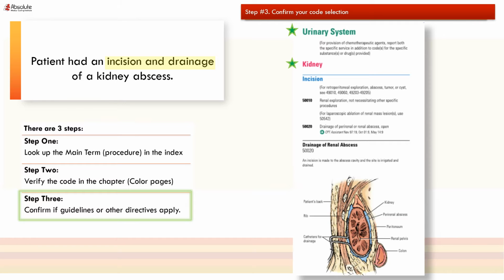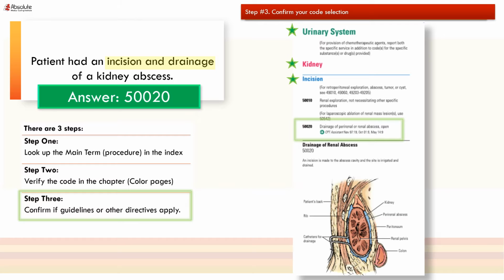The body area is the kidney. This is an incision and drainage. So if we go down to that blue heading there, this is incision. And then finally going down to our code, drainage. So this is an incision and a drainage of a perirenal or renal abscess, open, okay? And that is our code.